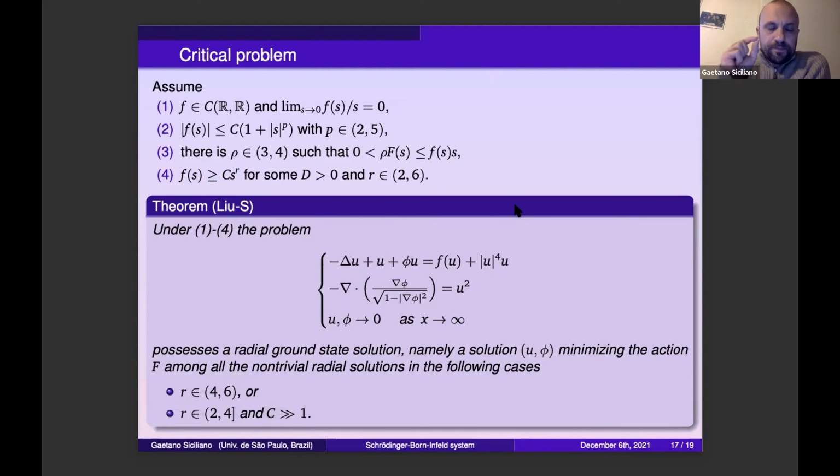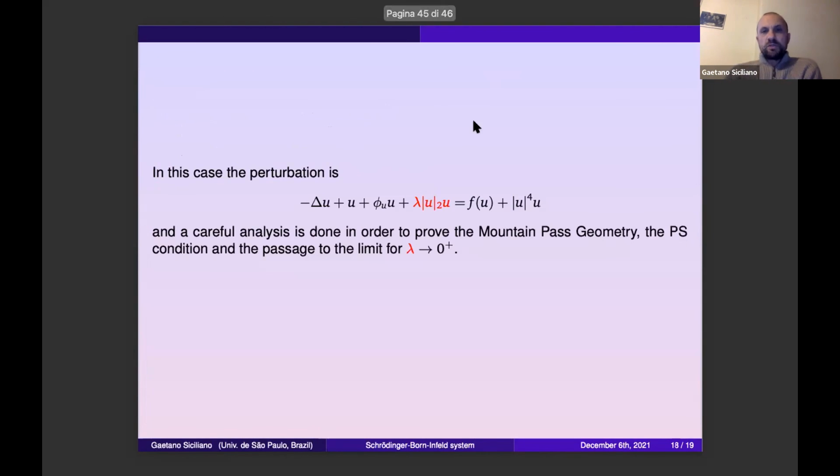Also here, the idea of the proof is to perturb the equation, but this time it is sufficient just to do a perturbation in some sense, to add something to the left-hand side, and show that we are under the condition of the mountain pass geometry, that the Palais-Smale is satisfied under a certain level, and the mountain pass level is there, so we can find a solution.